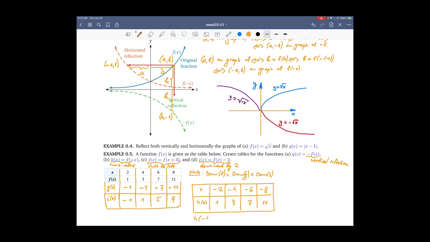Well, h at -4 is by definition of h, f at -4. But that is f at 4, and by definition of f at 4 is 3.